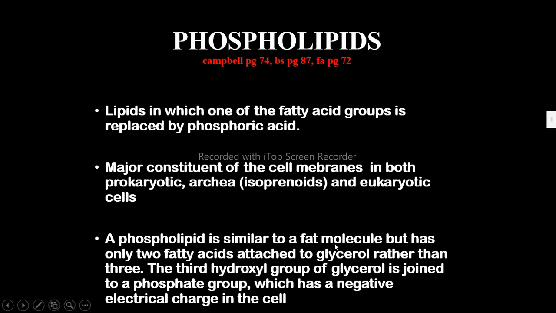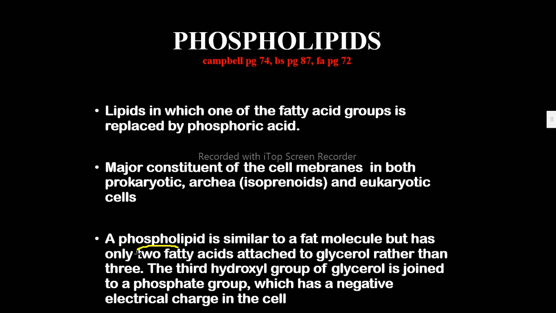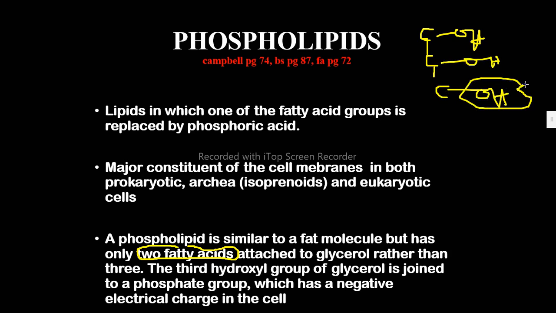So phospholipids are similar to fats, but they have just two fatty acids, like we said, whereby the third, remember on the glycerol, and we are going to see how the structure is formed, this is your glycerol OH. So it is going to use two OH groups to bond with two fatty acids.